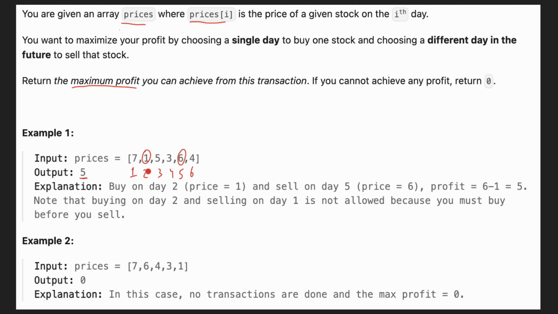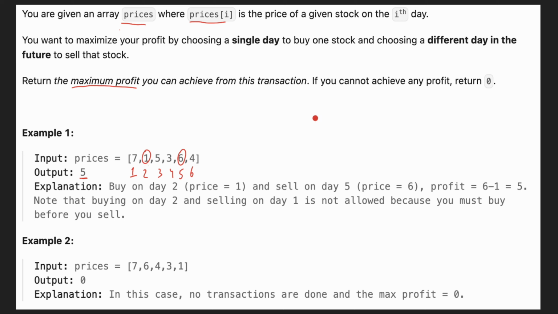If we look at this example, the problem comes down to finding two numbers, the minimum number and the maximum number, where the maximum comes after the minimum.